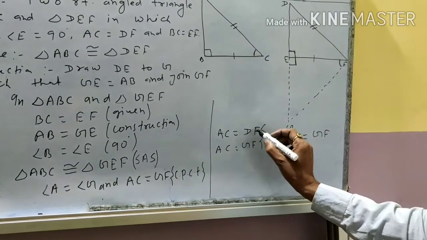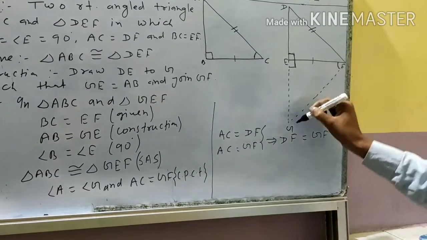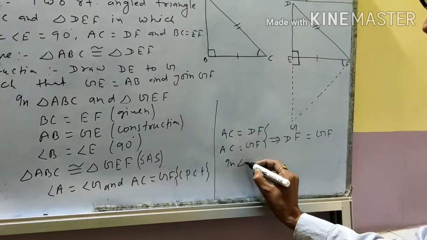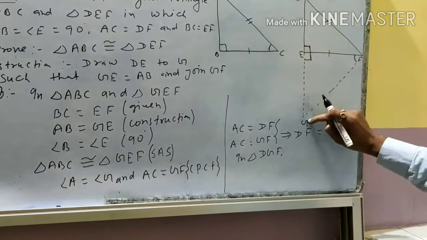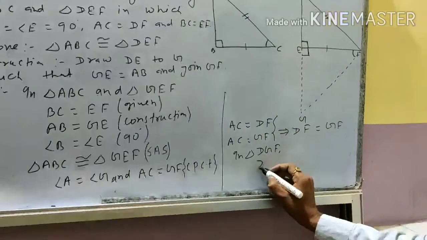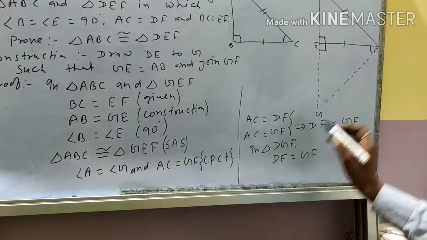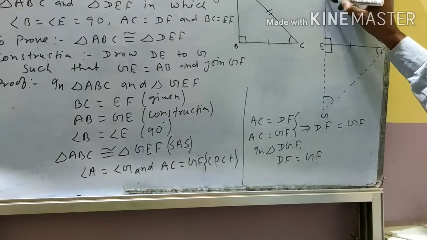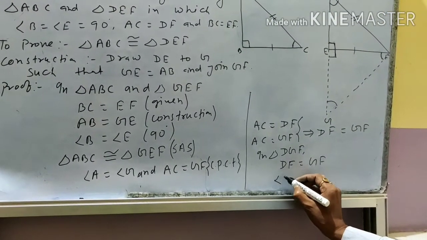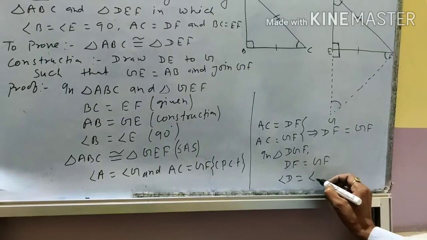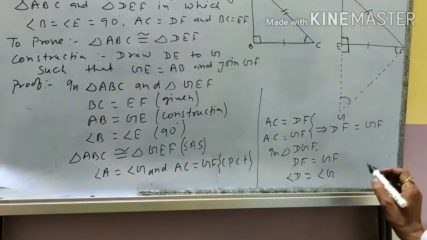So in triangle DGF, if DF is equal to GF, this angle is equal to this angle, because this is an isosceles triangle. So angle D is equal to angle G.